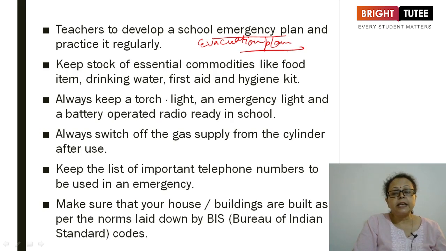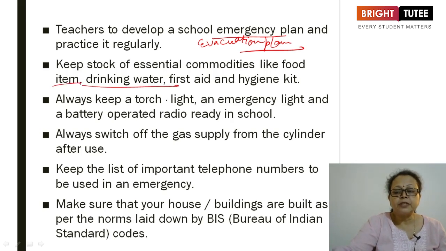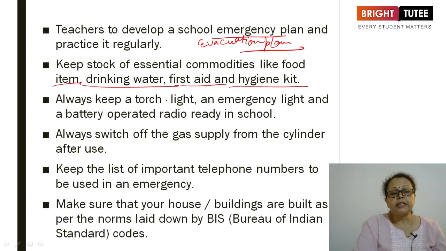Then keep stock of essential commodities like food items, drinking water, first aid, and a hygiene kit. These are the second most important thing which we always have to be ready with. These can be done beforehand. Always keep a torch, an emergency light, and a battery operated radio ready in school.